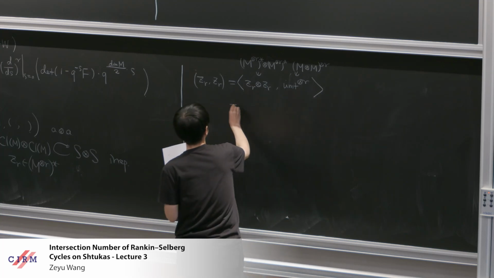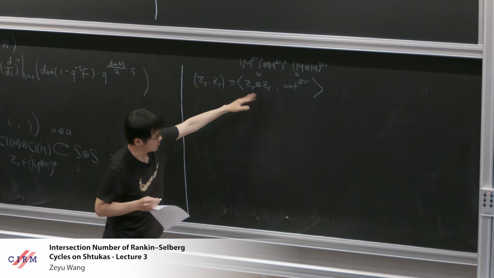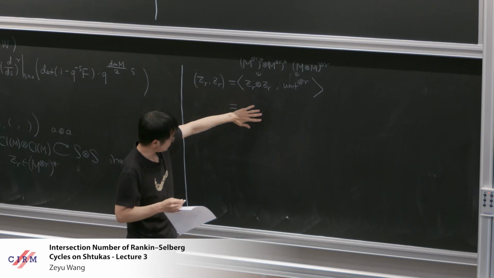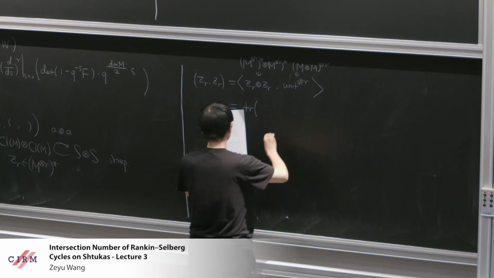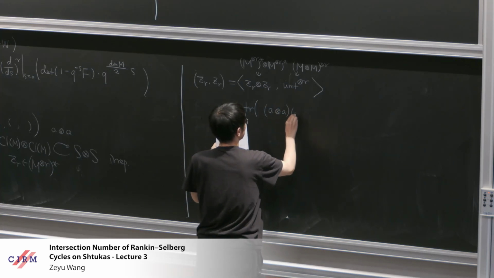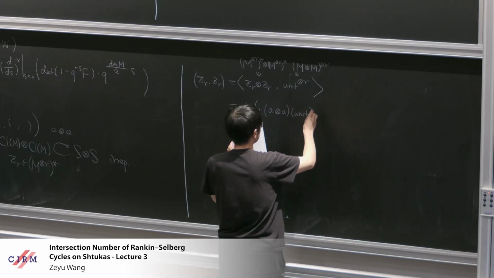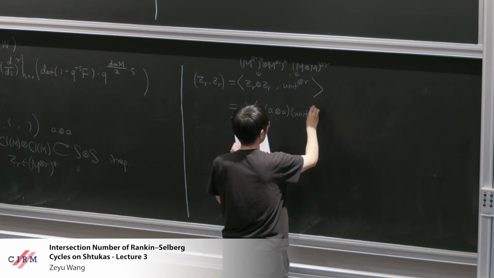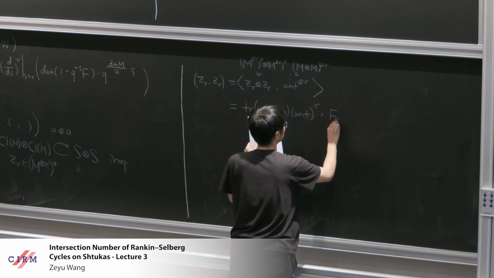But what's the advantage of this? Because ZR is defined as a trace, if you write it in this form, you use the action map A tensor A and apply it to the element unit. You can do this R times and compose with the Frobenius.